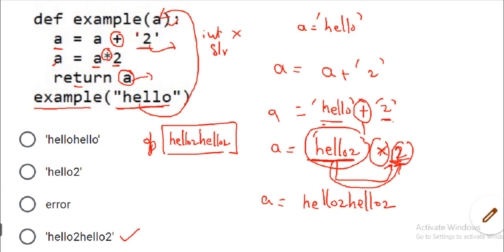Here A is a string and this is also a string, so you can concatenate 2 strings. So hello plus 2 becomes hello 2. Now he is multiplying that string with the integer value 2, which means the string will be replicated 2 times. So the value of A is hello 2 hello 2. Now if you print the value of A, hello 2 hello 2 will be printed. So that is the output of this function. Okay.